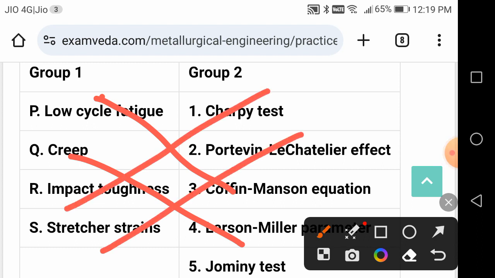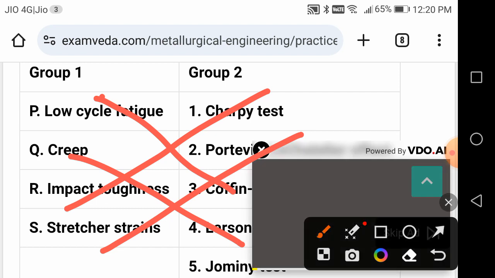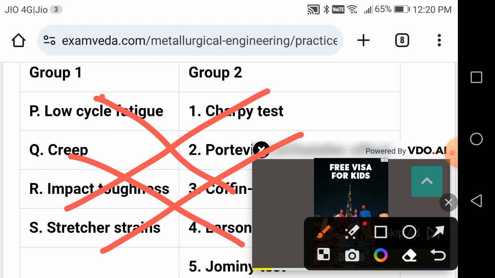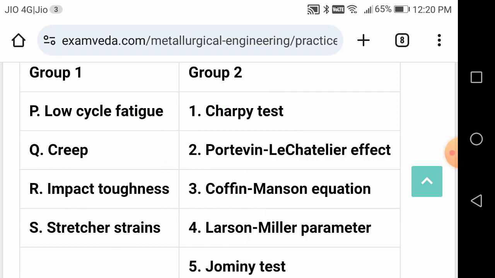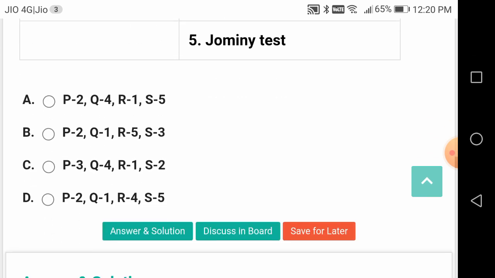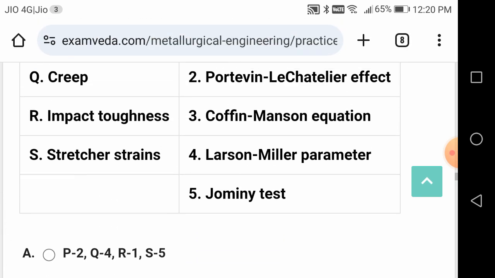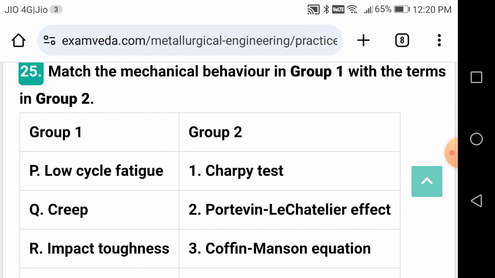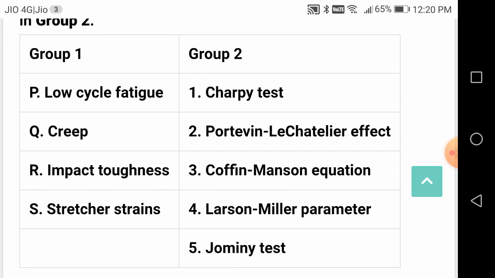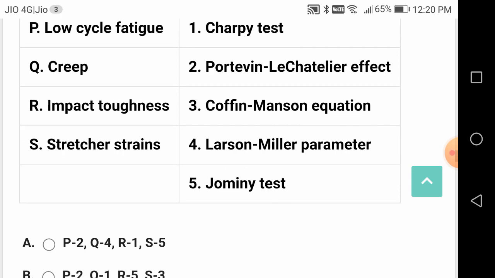Low cycle fatigue, Coffin-Manson equation, creep, Miller equation, impact of a Charpy test, stretcher strains, Lueders effect. So remember these technical terms associated with each phenomenon, mechanical behavior like fatigue, creep, toughness, impact toughness, stretcher strains.